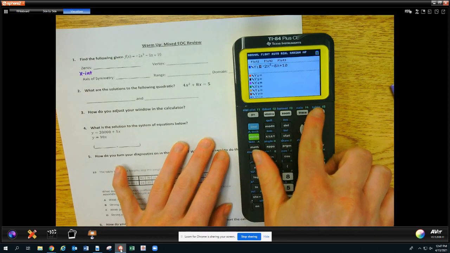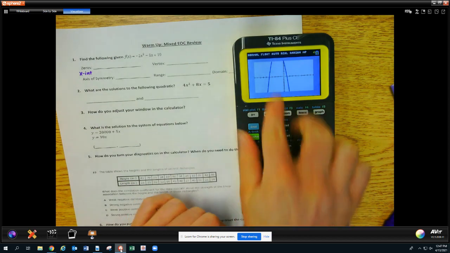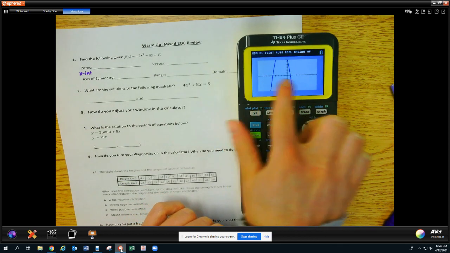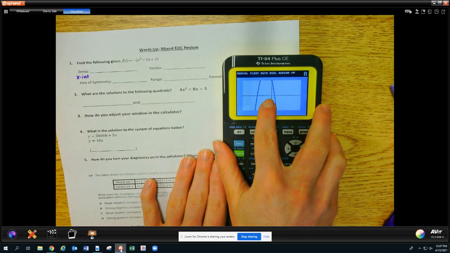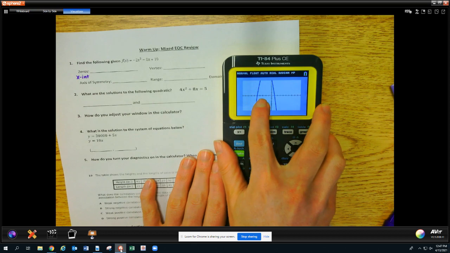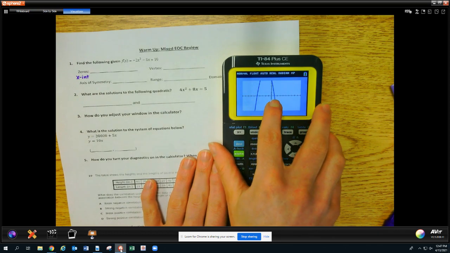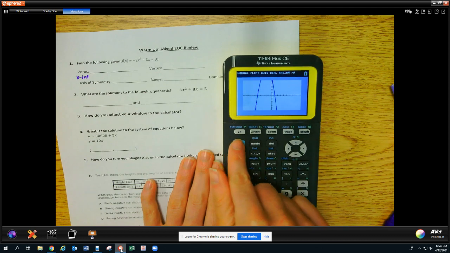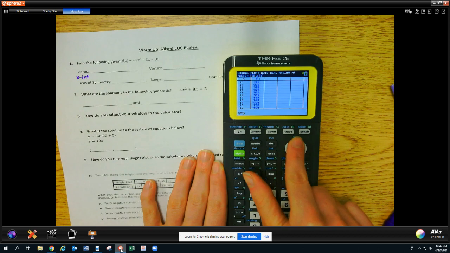You can press graph, and you can see there's 2 zeros here, 2 x-intercepts. One of them looks like it's at negative 1, 2, 3, 4, 5, negative 5, and the other one's at positive 1. When in doubt, press second graph and look for a 0 in the y column.